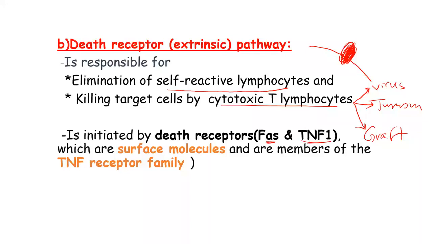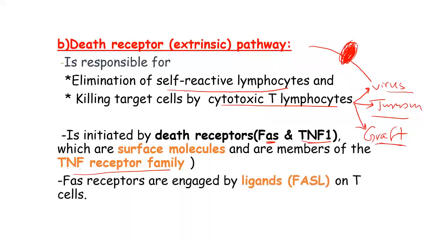These are surface molecules and are members of the TNF receptor family, the tumor necrosis factor receptor family. These death receptors are always expressed on the surface of virally infected cells, tumor cells, or even graft cells. The Fas receptor, which is the death receptor, is engaged by ligands on the T cells. So the T cells come, let's say in blue.